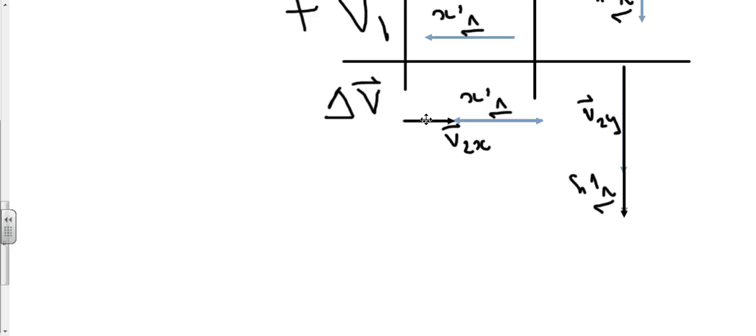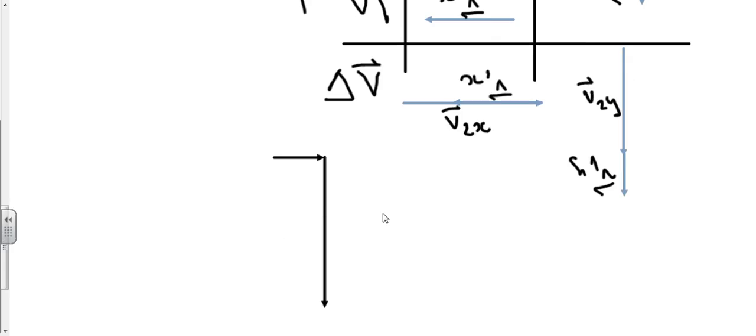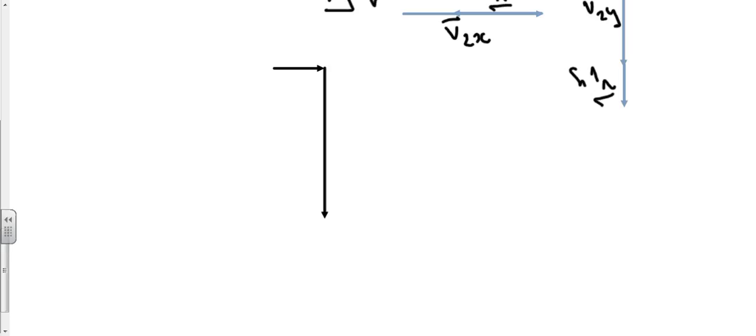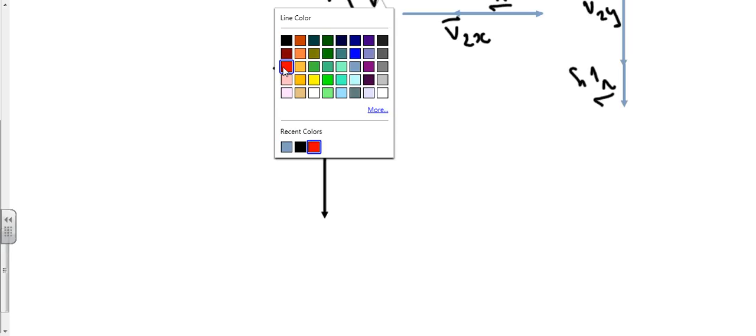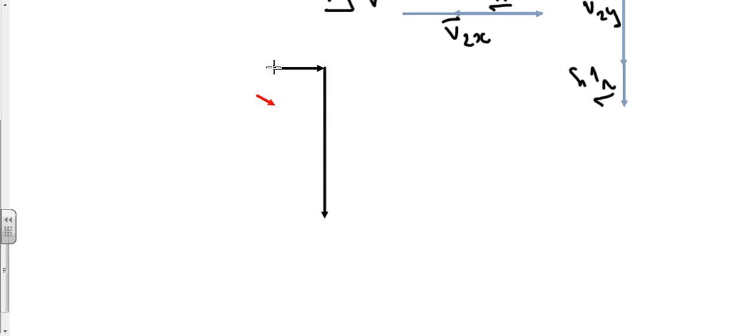So how do I go about that? Well, here's the result of v1. Here's the result of v2. So we put them together and we draw our resultant. And I'm going to make it red because just like before, this should be the same as our big resultant earlier.